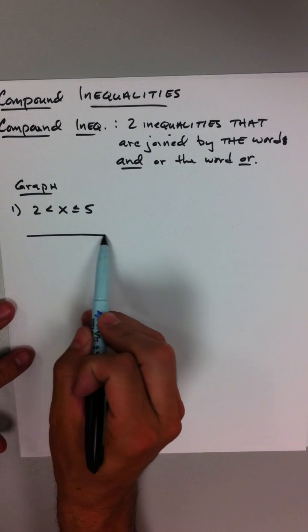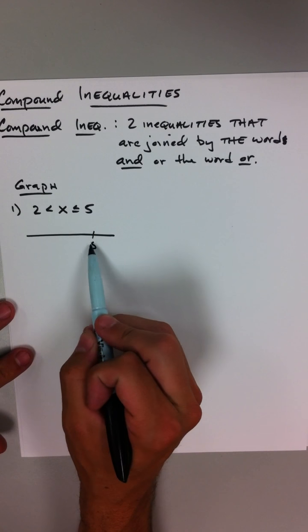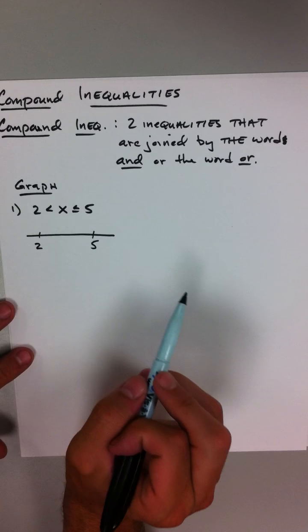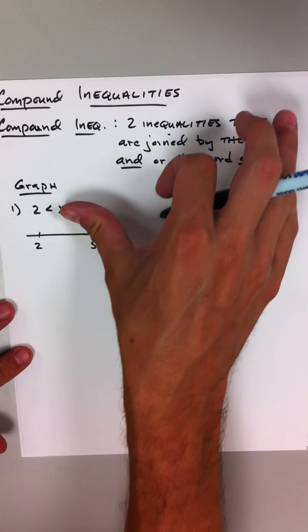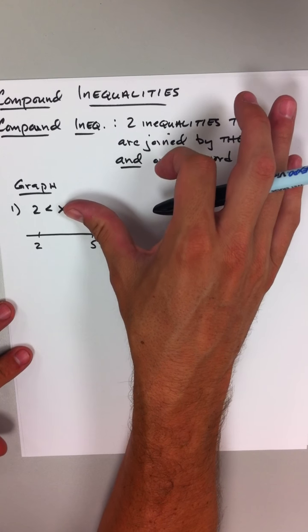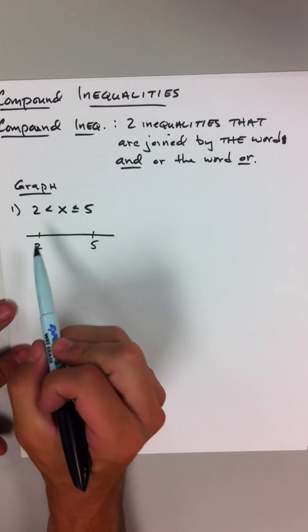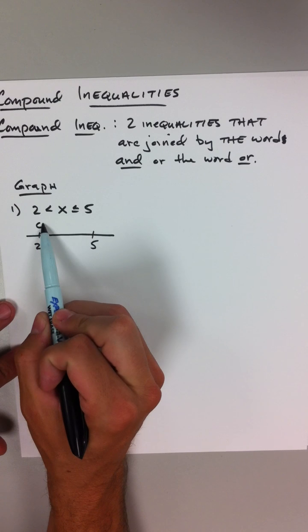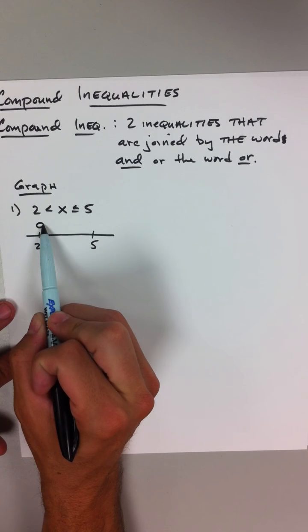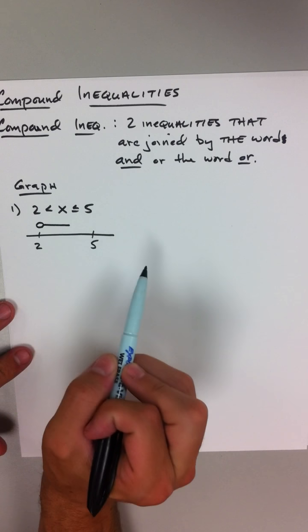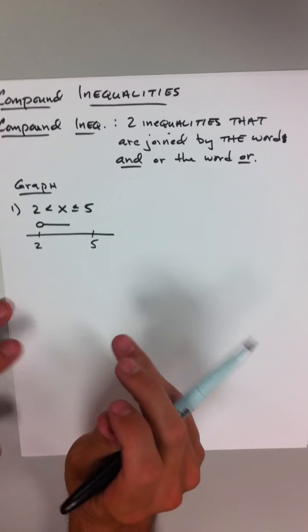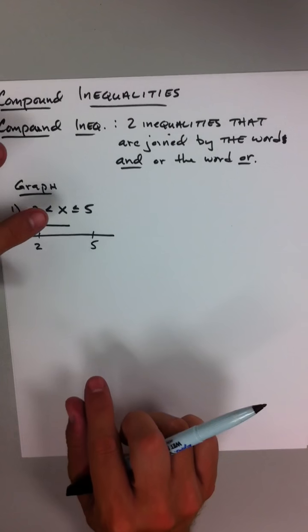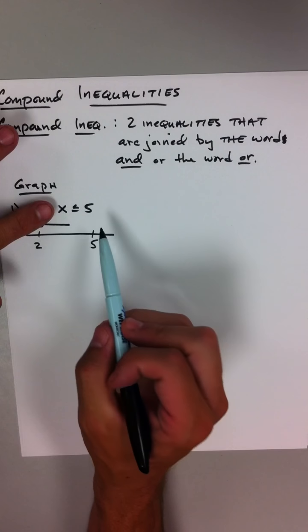So how do you graph that? Well, we obviously have a 5 and we have a 2. So let's just start with this part first. X is bigger than 2. Well, that means there's going to be a closed circle right there. And all the numbers that are bigger than 2 are this way. Now, I'm not going to finish it quite yet. What about over here? If I talk about this, x is less than or equal to 5.